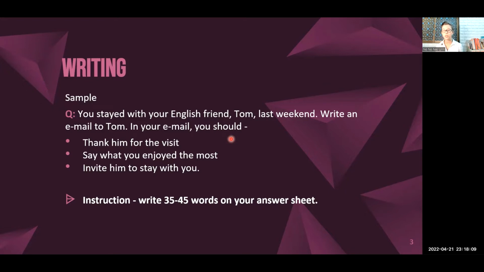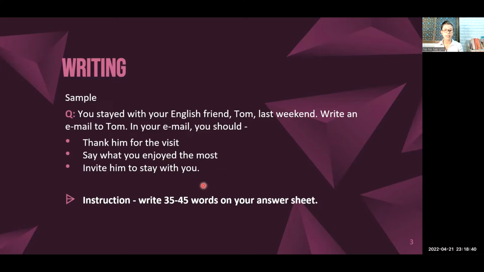That's not too difficult, because we will look at how to approach the question and how to plan your answer for this type of question, in this case the email. So you have to paraphrase this whole statement, the question, in your own sentence, but it has to mean exactly the same.